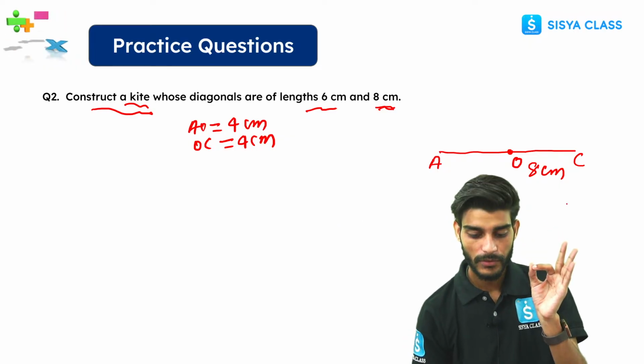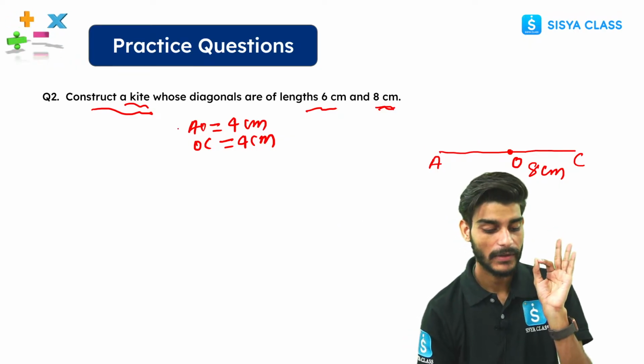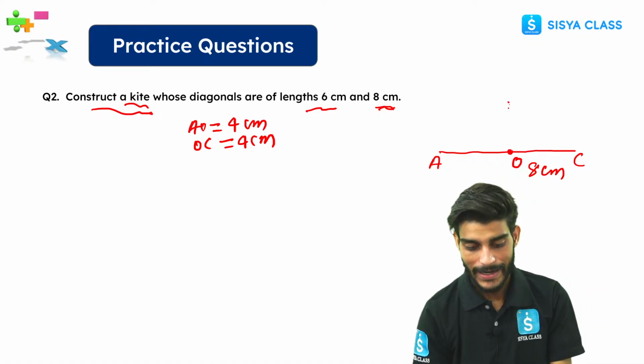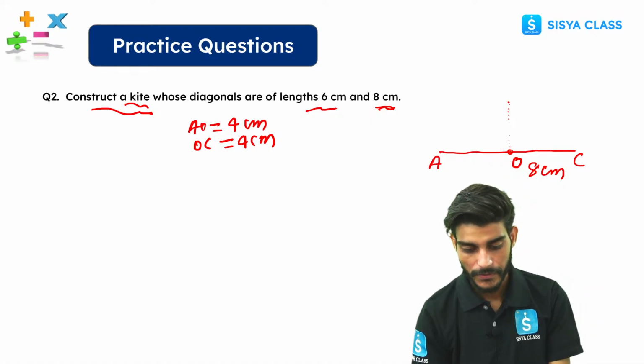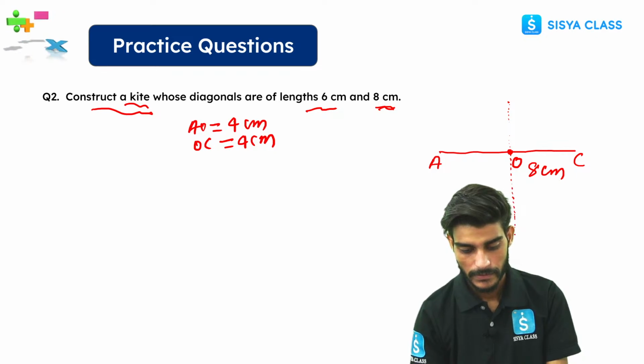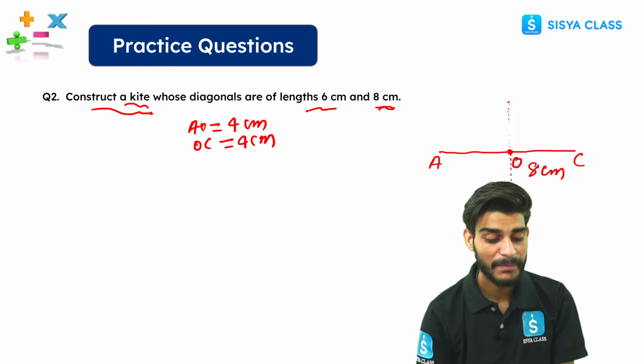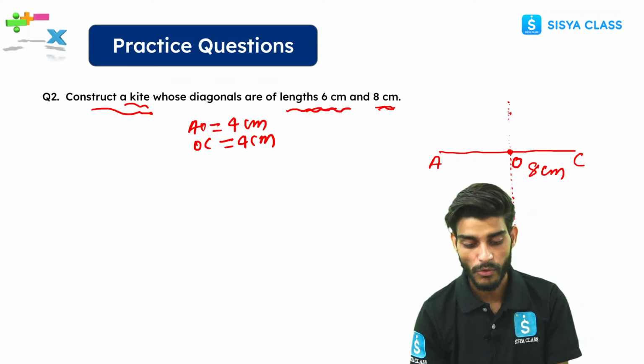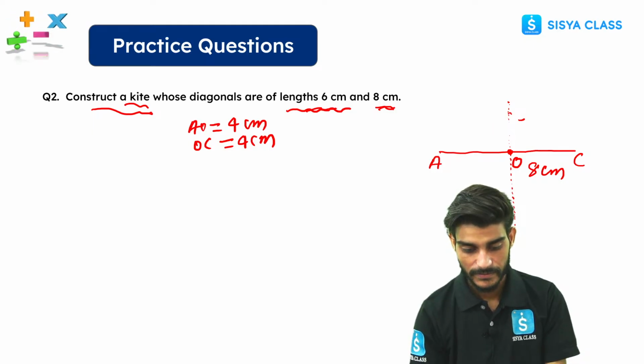Now at O, I am constructing a kite. I'll draw a perpendicular at O, and I'll measure the length 6 centimeter on this. So suppose OB is 3 centimeter.